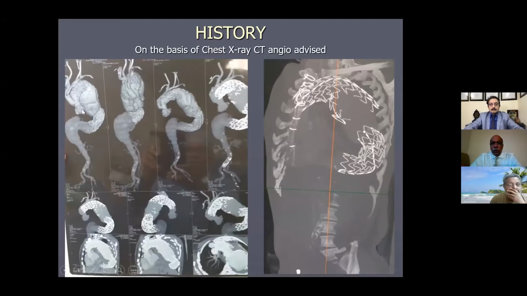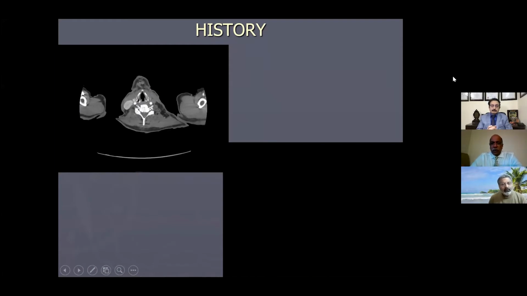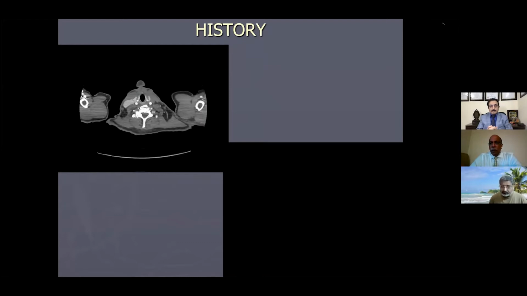You can obviously see that there is a disruption of the graft, and you are seeing the aneurysm filling here, and there is a loss of integrity of the two grafts. So a CT was done at that point of time, and this is what the CT showed.